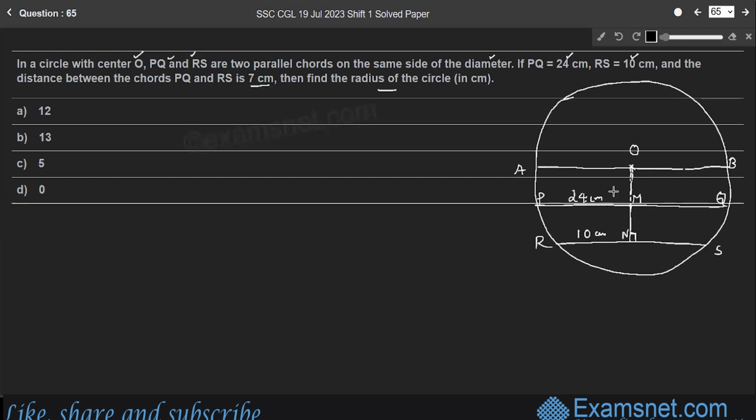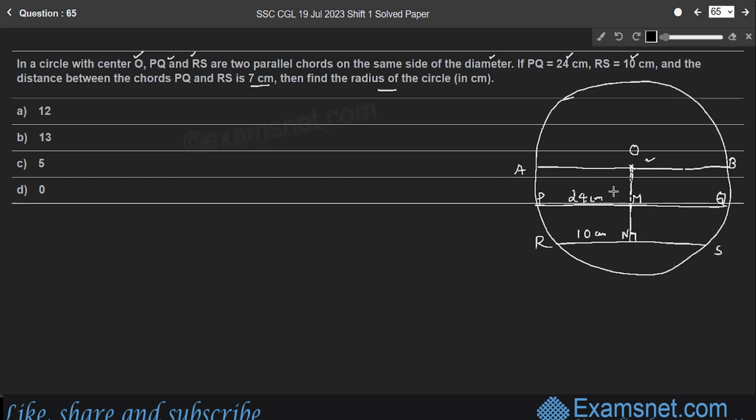Here M is the midpoint of PQ, N is the midpoint of RS. Since MN is a perpendicular bisector, it bisects the two chords. That means M and N are midpoints of PQ and RS. So here ON is the perpendicular bisector for both PQ and RS.